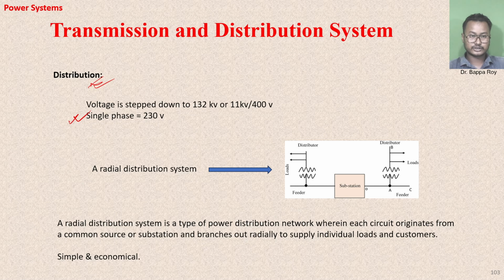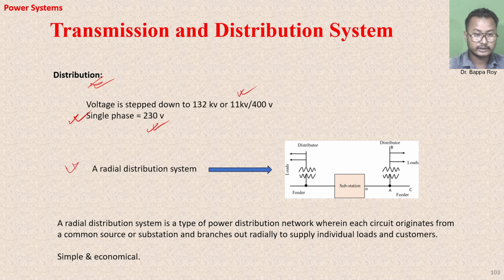The voltage coming to our home is AC and its voltage is stepped down, normally 132 kilovolt or 11 kilovolt, and 230 volt is connected at our home.